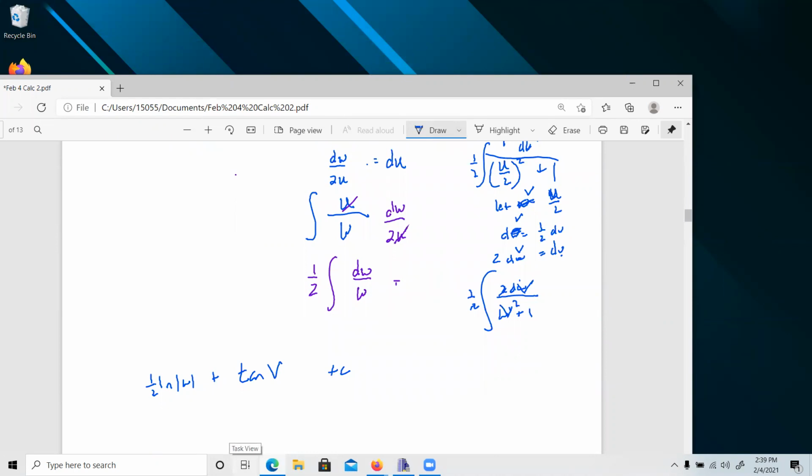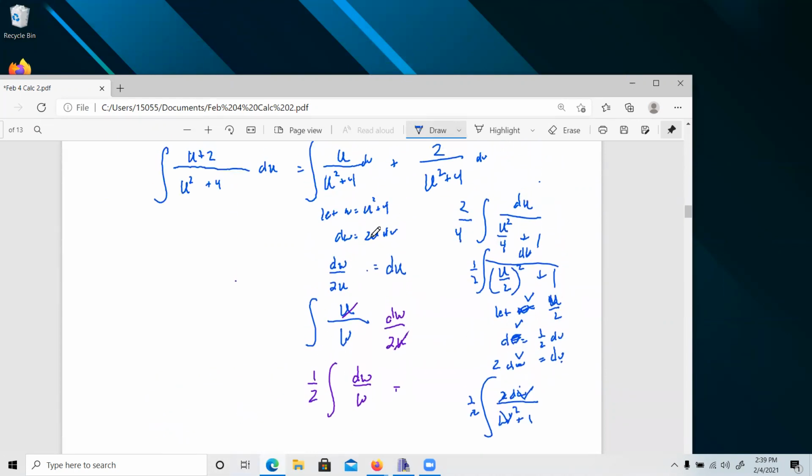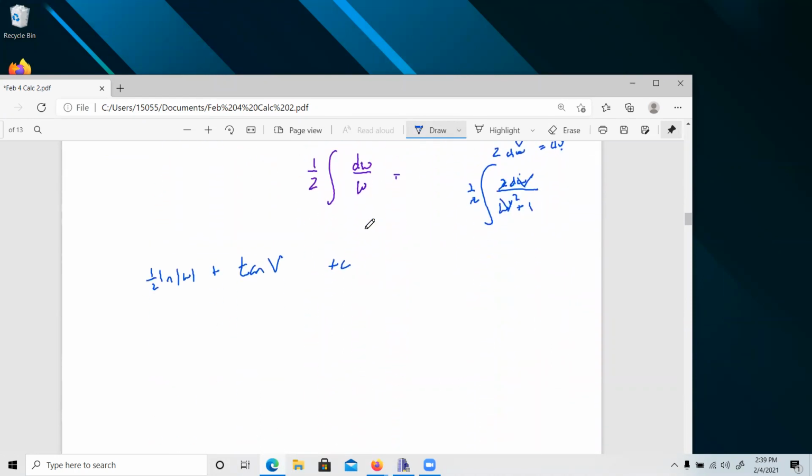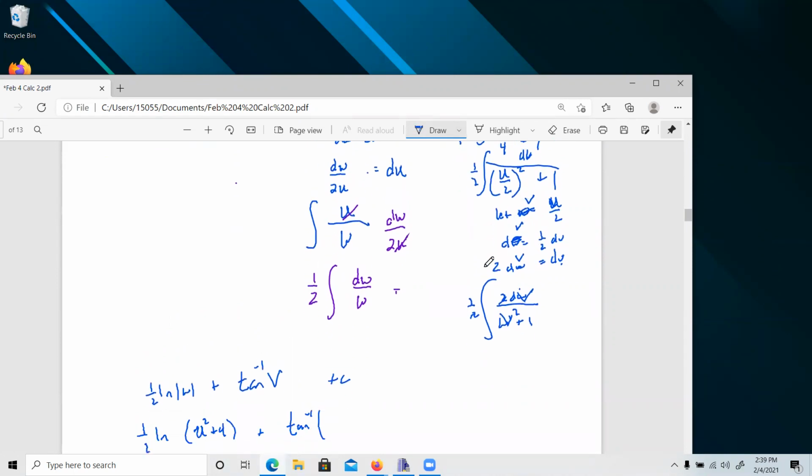Now we get to go back and deal with all the substitutions we made. W is equal to U squared plus 4. So we have 1/2 natural log of U squared plus 4. Why did you drop the absolute value? Because U squared plus 4 is always positive. Plus inverse tangent. What was V? V was U over 2.